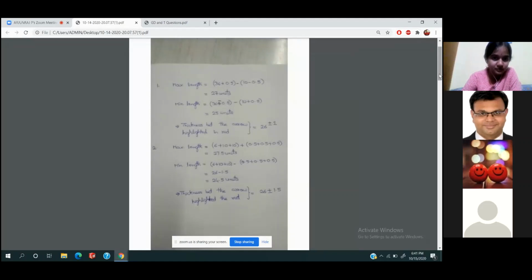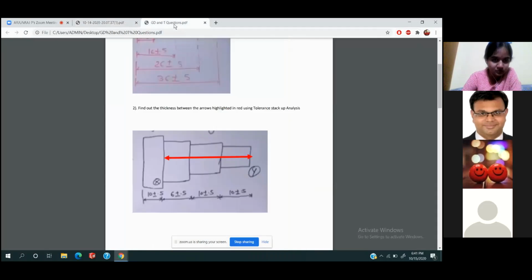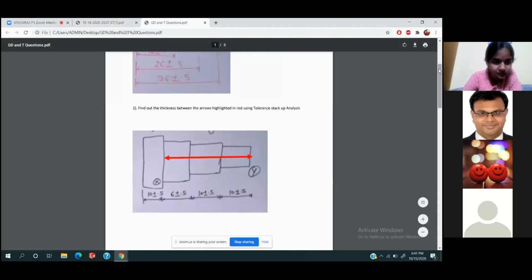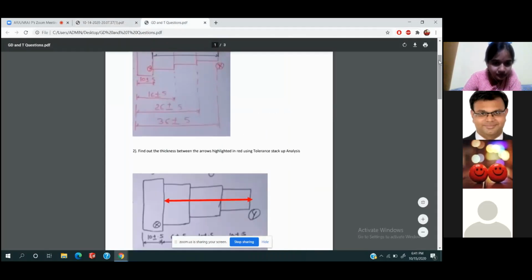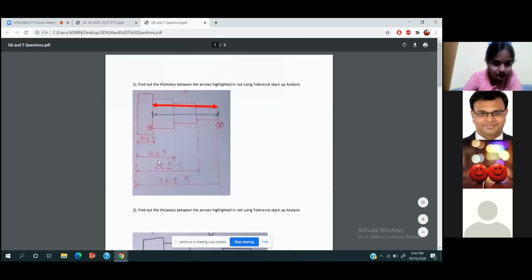On what basis have you taken the upper limit and the lower dimension, the first one, maximum length? Can I go to the question? Yes, you go to the question. I'll explain over there. So this is 36 and 10 is the lower.